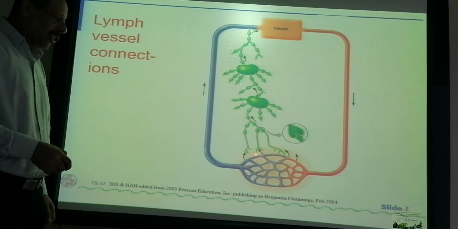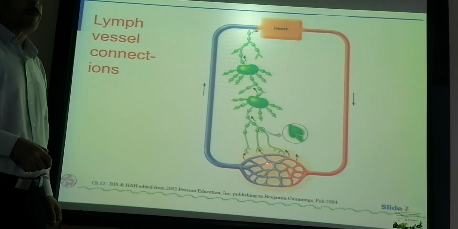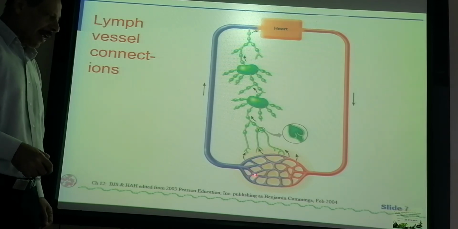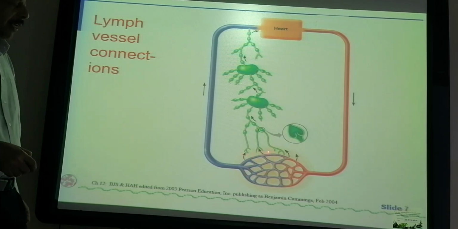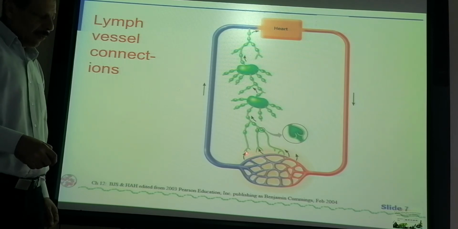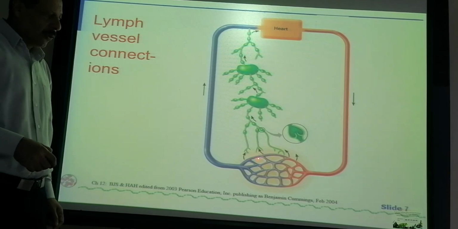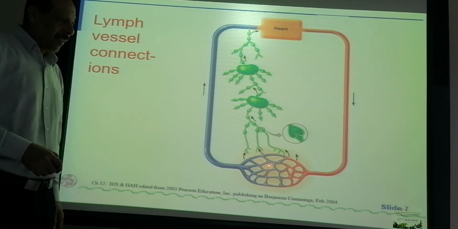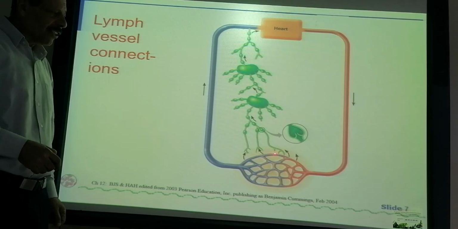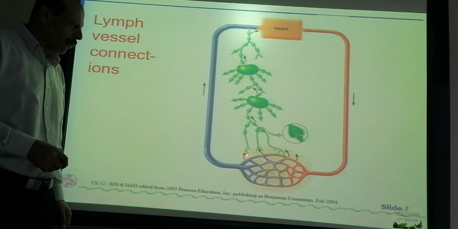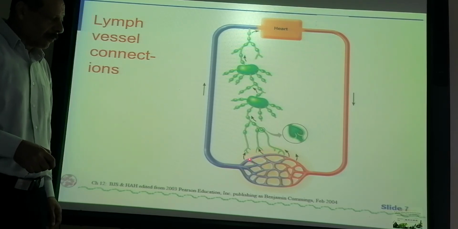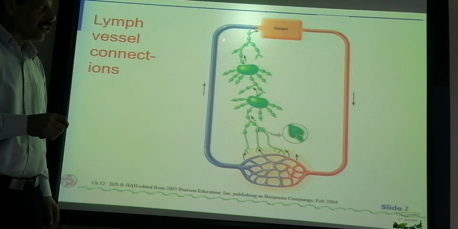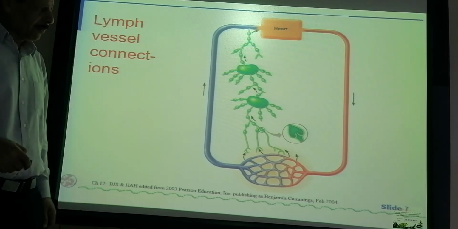Then the pressure here on the venous side will be low. So due to the lower blood pressure here, the increased pressure of the fluid in the tissues, the osmolarity and also the difference in concentration, most of the fluid will be reabsorbed and go back to the venous circulation in order to go back to the heart.